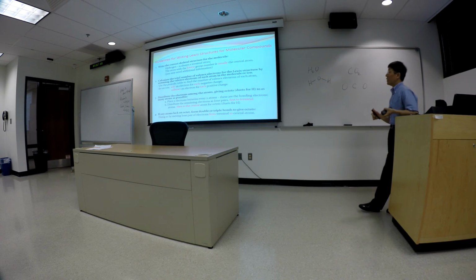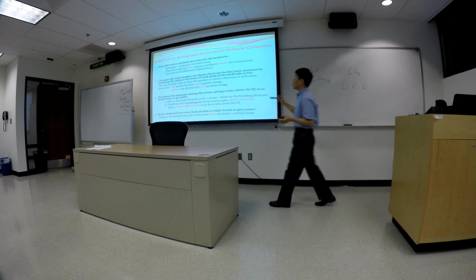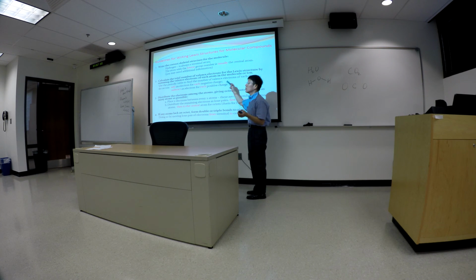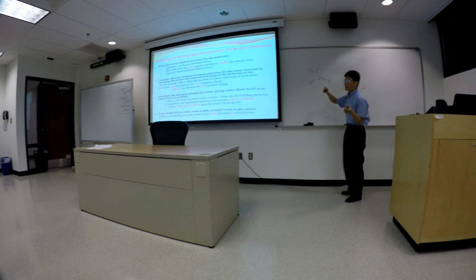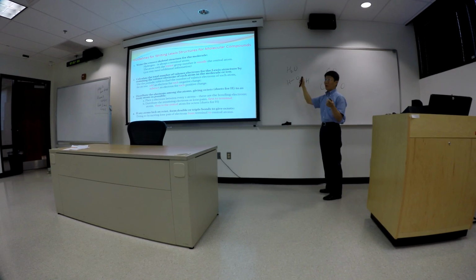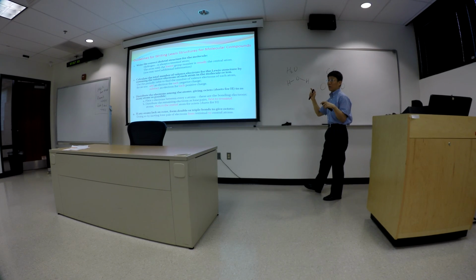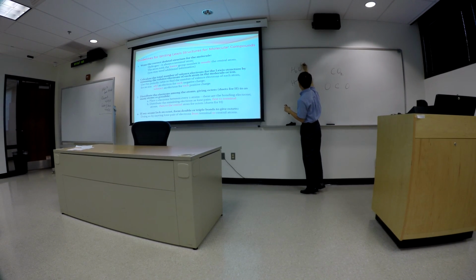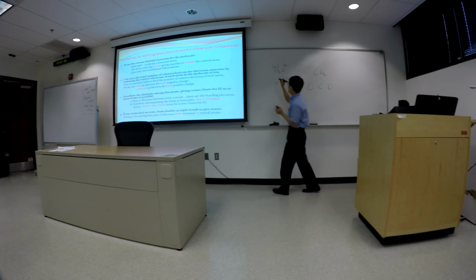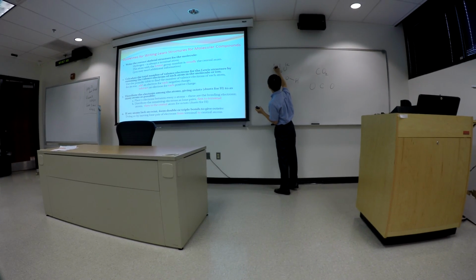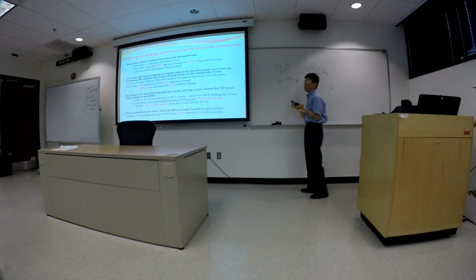Okay. After that, you want to calculate the total number of valence electrons. Let's do water first. Oxygen is group 6A, so you have 6 electrons. Hydrogen is group 1A. You get 1 electron each from hydrogen, and you have 2 hydrogens in there.